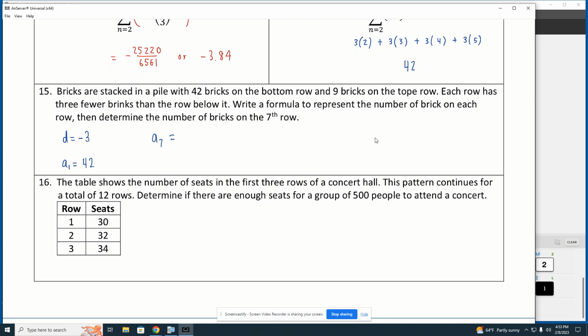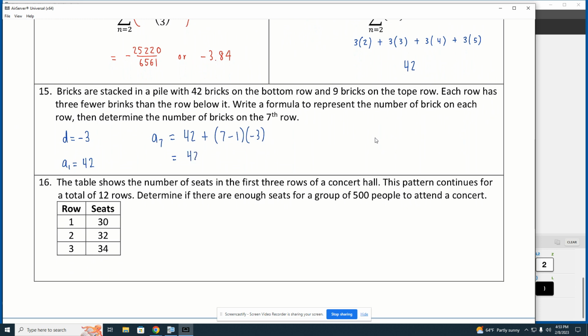And here's our equation. It's A sub 1 plus n, well, n is 7 in this case, minus 1 times negative 3. So I don't really even have to simplify this. I can just plug in the one they need and find the 7th row. So it's 42 plus 7 minus 1, which is 6, times negative 3.